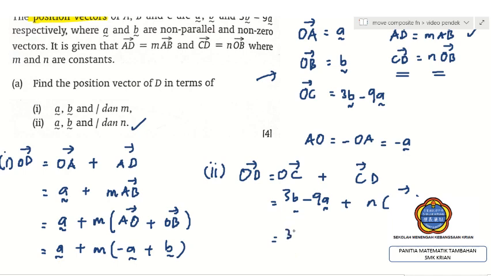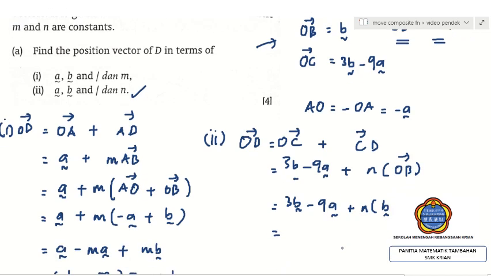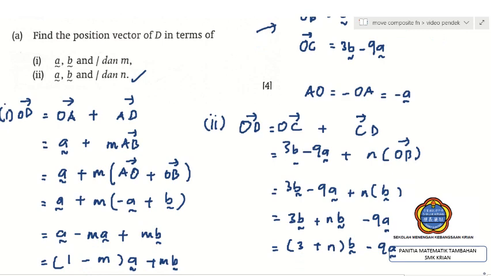Put what is given in the question: 3B minus 9A plus n bracket OB is B, and simplify our answer. Combine together the same vector B and B, A and A. Right here we have 3B plus nB minus 9A. Factorize for vector B: (3 plus n)b minus 9a. Okay, finish for question A.